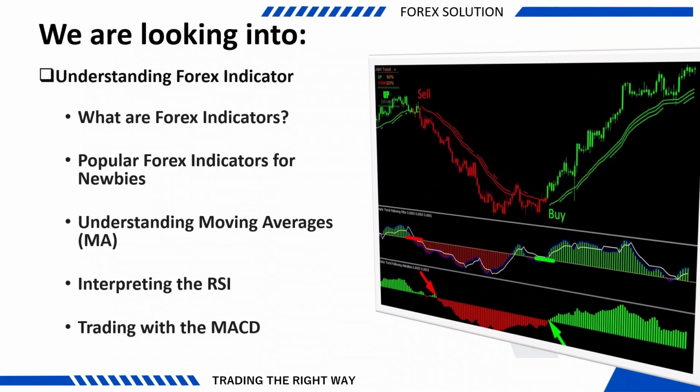So in today's video we are going to be looking at something very interesting. In my last video I showed you different types of traders which we have, but in this video we'll be talking about understanding Forex indicators.